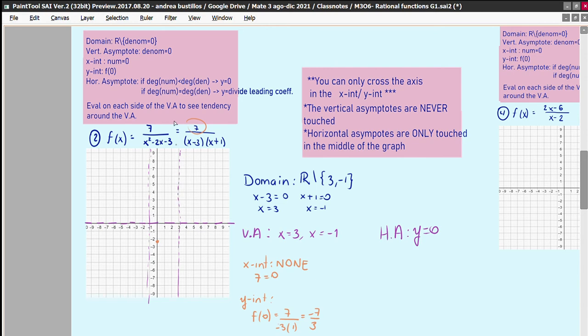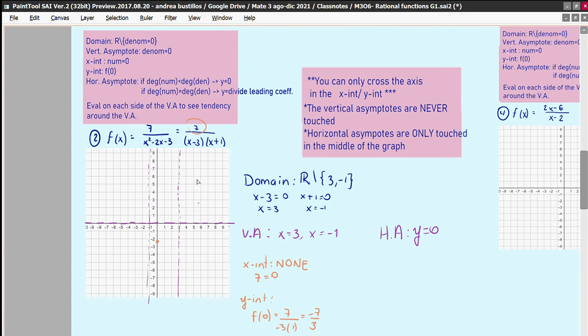So let's start graphing. Again, we will start graphing in the place where we have information. In this case, we only have information in the middle part. So let's start there. Notice that I already have a coordinate next to the vertical asymptote on the left.